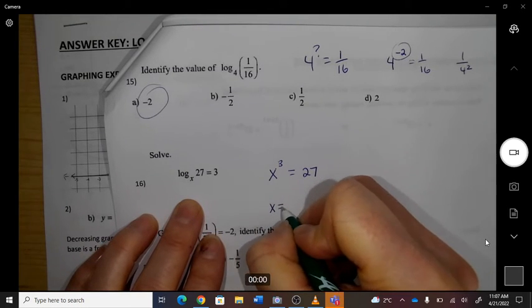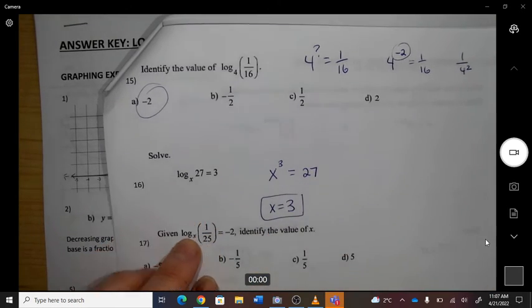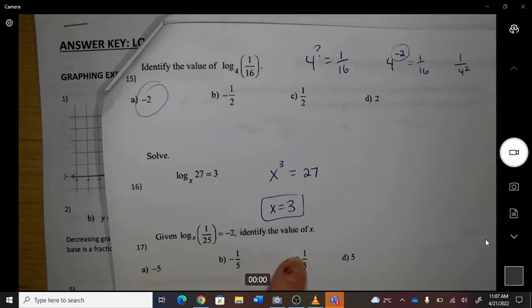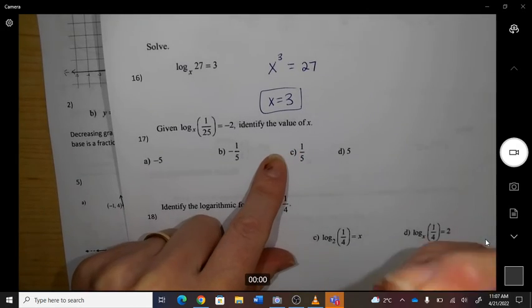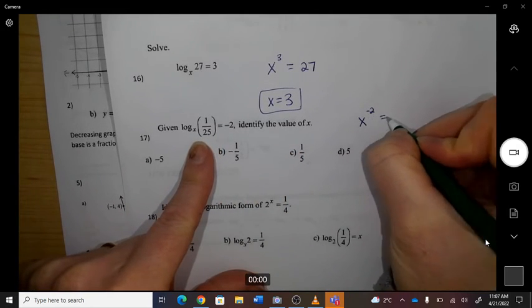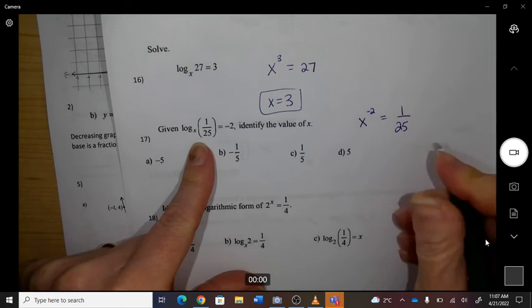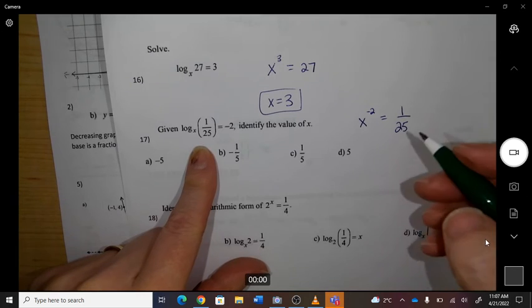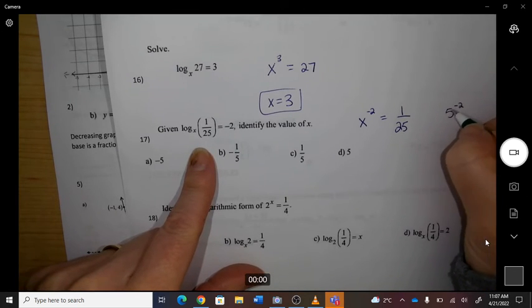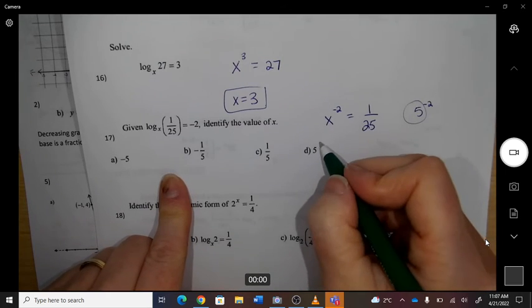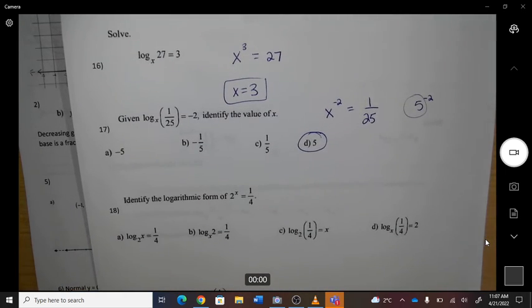I would know that 3 cubed, so the base would be 3. Given this, identify x. What to the negative 2 equals 1/25? I know 5 squared. So 5 to the negative 2 would be how I do that. Therefore x equals 5.